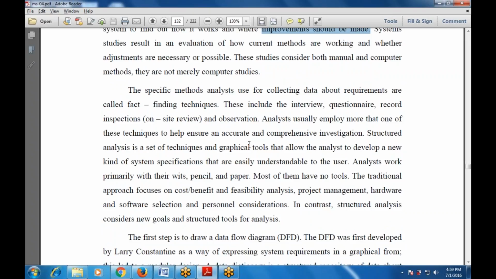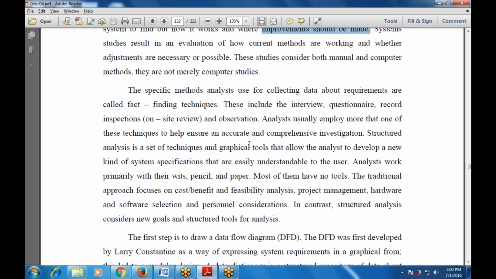An analyst should usually employ more than one of these techniques to ensure the requirement gathering is correct. The analyst does not rely fully on one technique, either interview or questionnaire, but uses one or two more techniques for a comprehensive investigation.